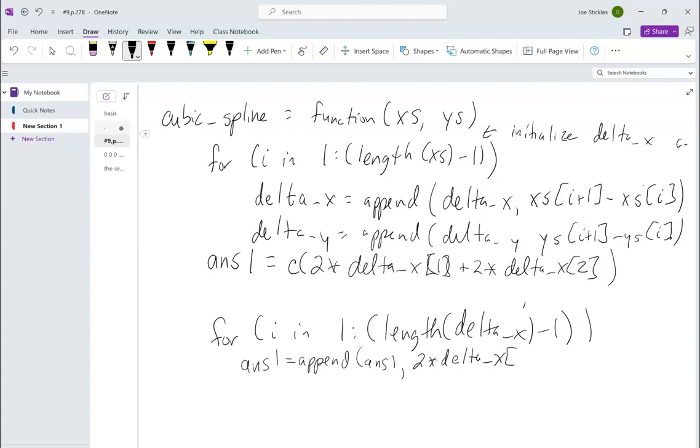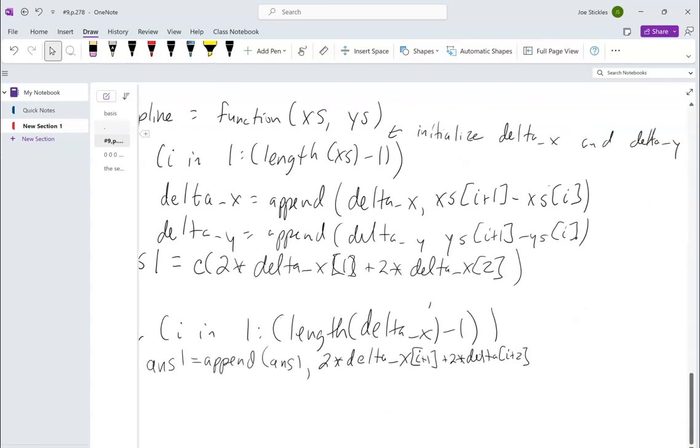Yeah, so if I'm using I for my index here and I want delta 2, then I need to use I plus 1 here and plus 2 there, right? May need to adjust where we end that. It just depends on what's going on with what we have here. Gotta be a little bit careful. Okay.